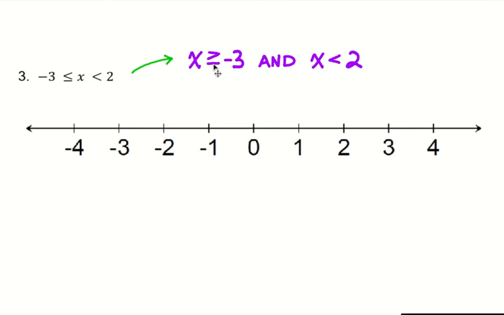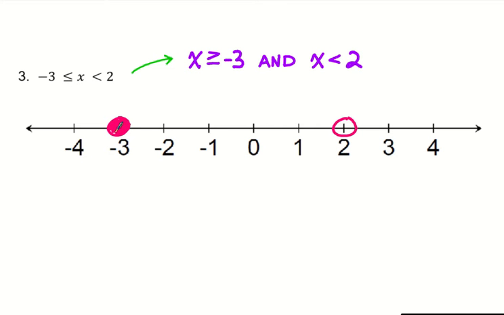And according to these symbols, or equal to and not or equal to, we're going to include the negative 3, but we're not going to include the 2. So I'm going to put a circle on 2, a circle on negative 3, and this guy's going to get colored in, but not the 2.